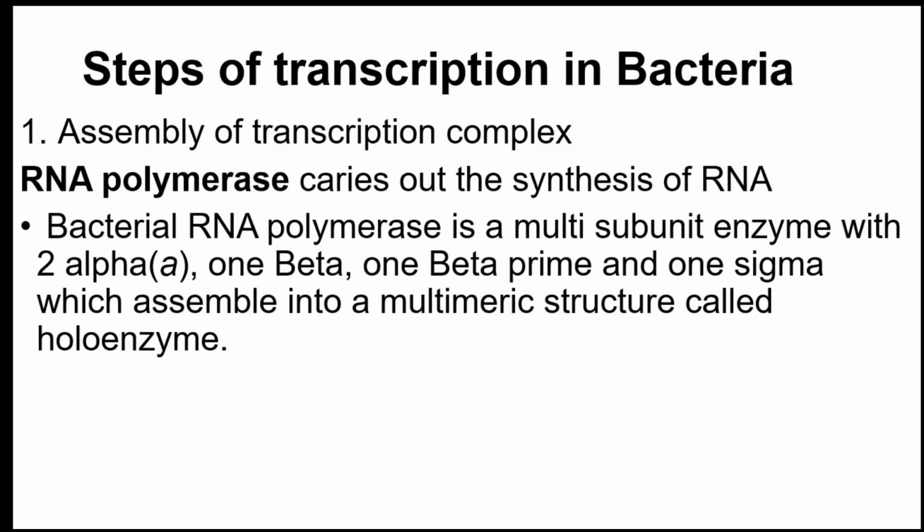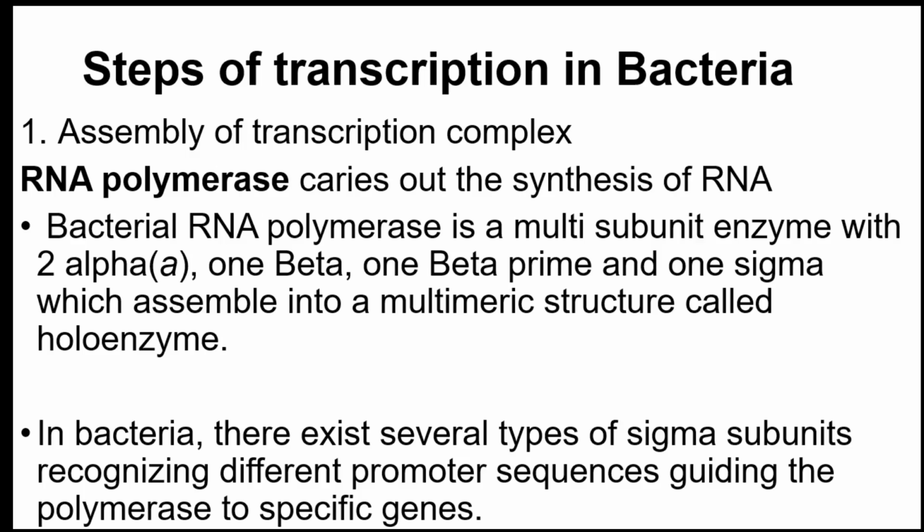It has 2 alpha subunits, 1 beta subunit, and 1 beta prime subunit. The other subunit is called sigma, and all these subunits assemble into one multimeric unit, which is called a holoenzyme.